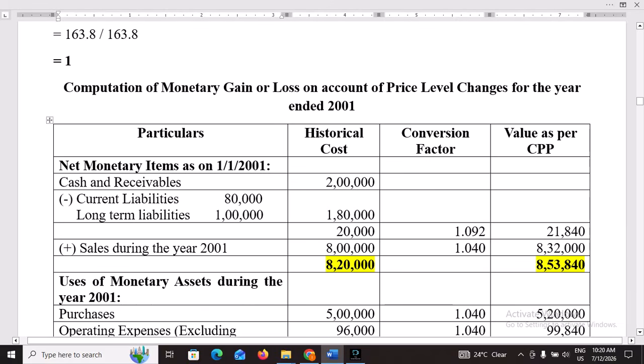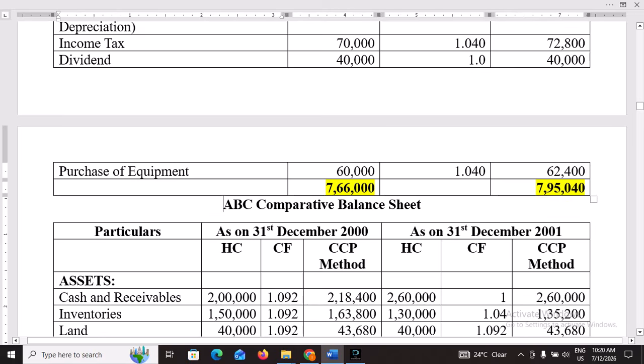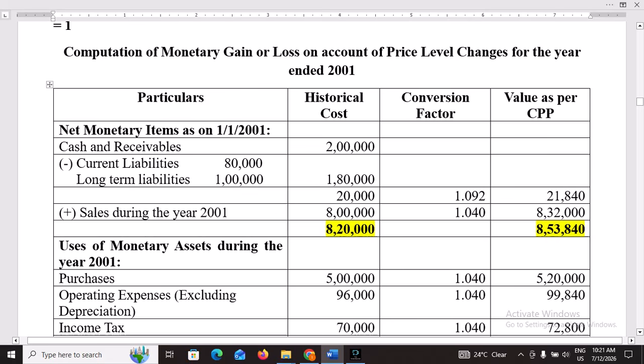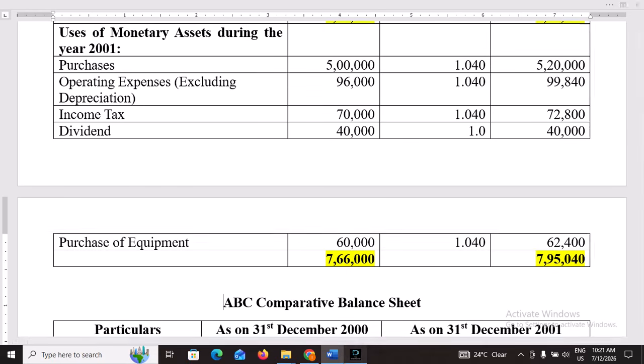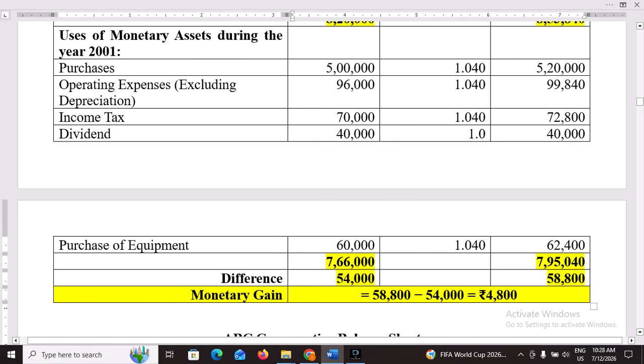Okay, done. This is monetary gain or loss. So here is the total.